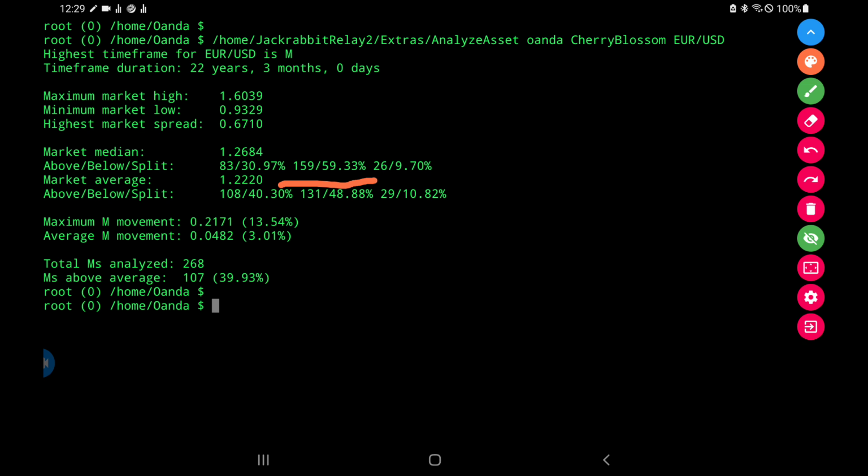These two figures help you decide whether you should be in a long position or a short position. And looking at this, for purposes of rounding, 30% of the time, long positions were profitable. 60% of the time, short positions were profitable.